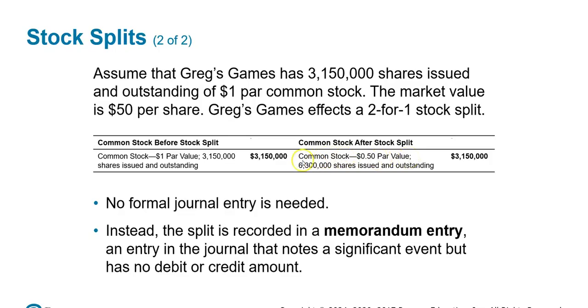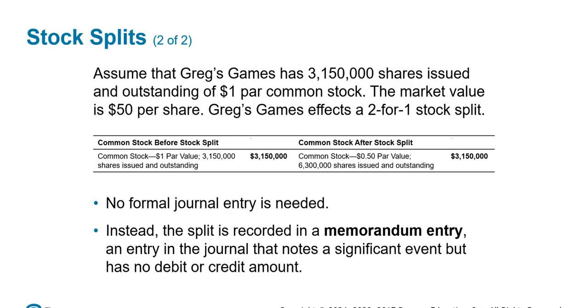Just like the slices of pizza, the size of the slice gets cut in half, but the number of slices doubles. No formal journal entry is needed. Instead, the split is recorded in a memorandum entry, an entry in the journal that notes a significant effect but has no debit or credit amount.